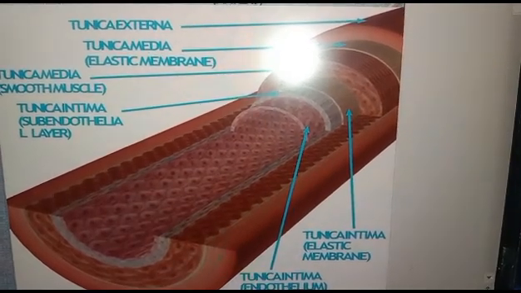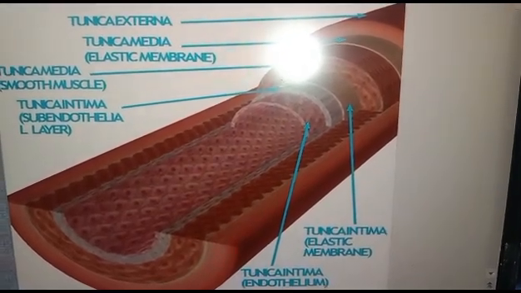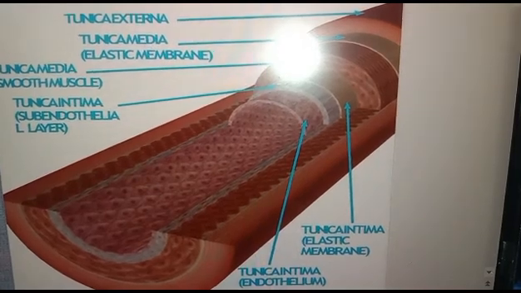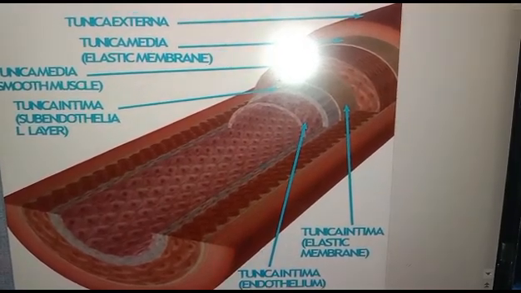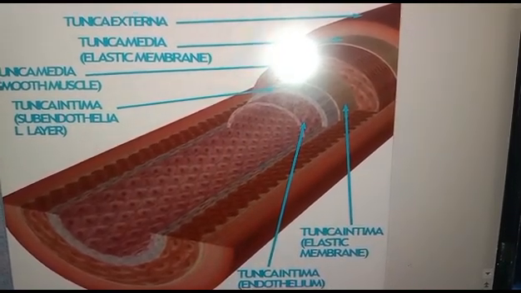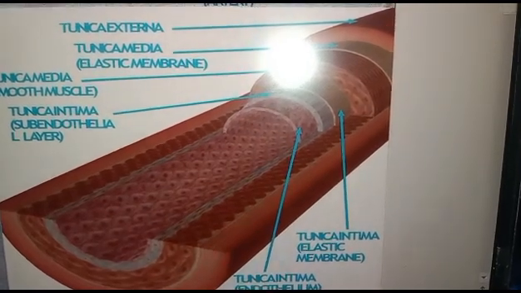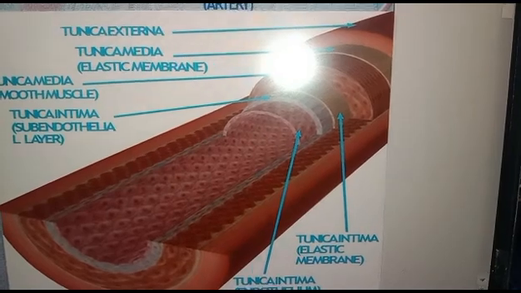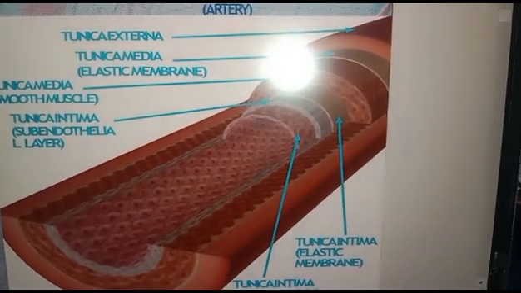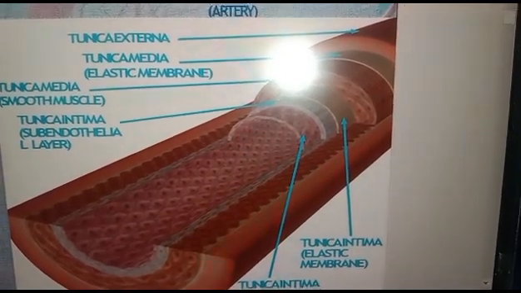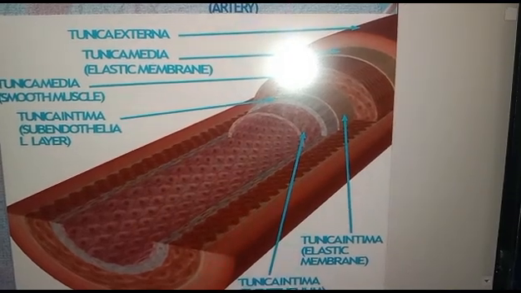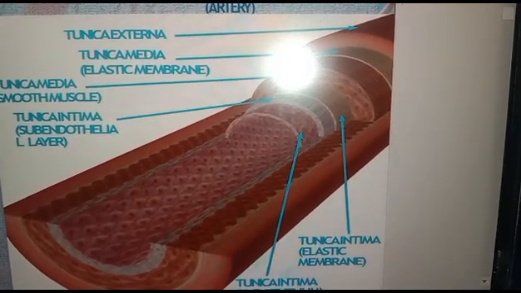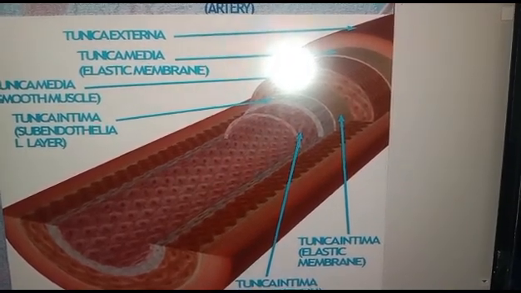So, ayan. When it comes to the middle layer, that is what we call tunica media. In this tunica media, elastic fiber and smooth muscle are present. The innermost layer naman is the tunica intima.